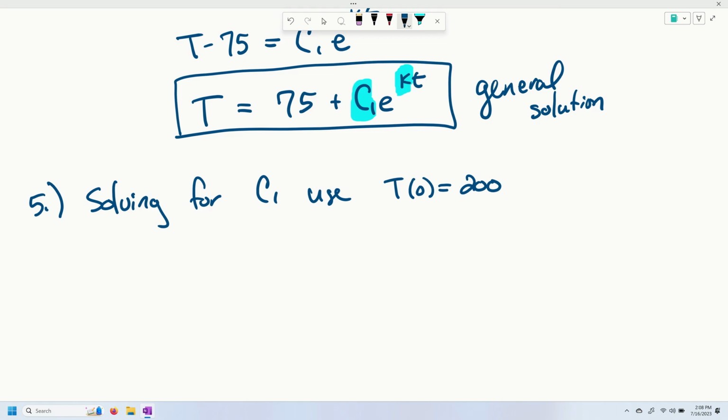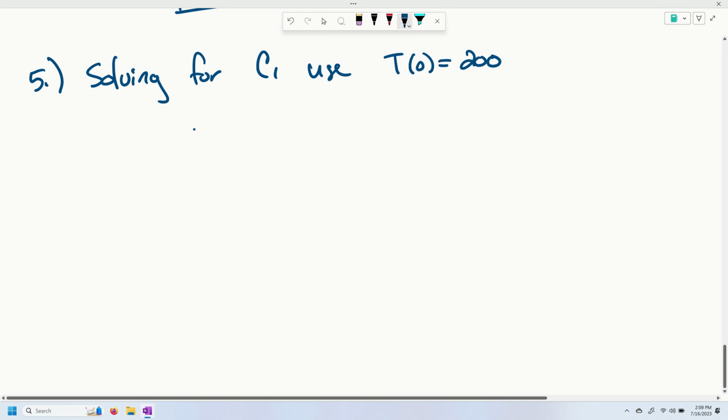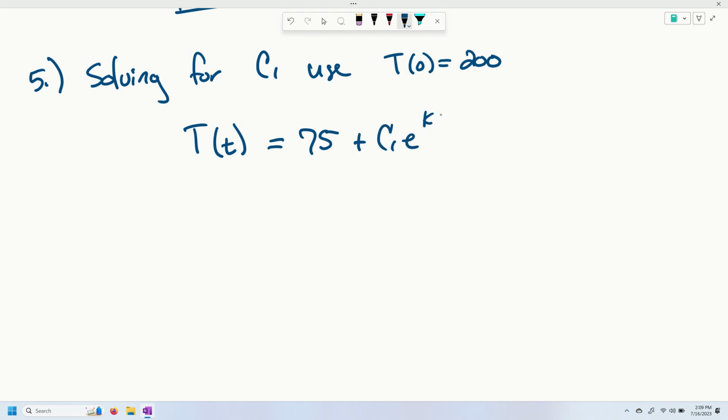T of 0 equals 200. So our equation, which is what we just derived, turns into 200 equals 75 plus c1 e to the k times 0.